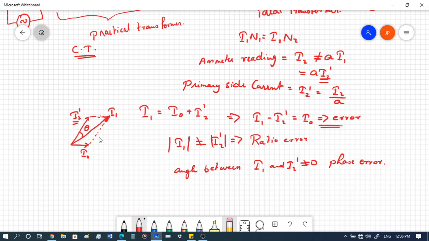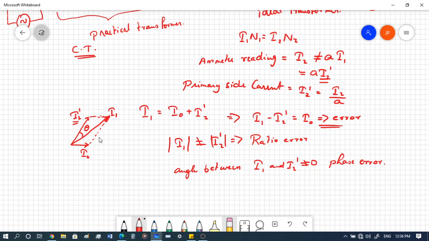If there is a particular phase difference between the voltage and the current measured, there would be a phase error that will affect the calculation of the power, or the power that is consumed, right?